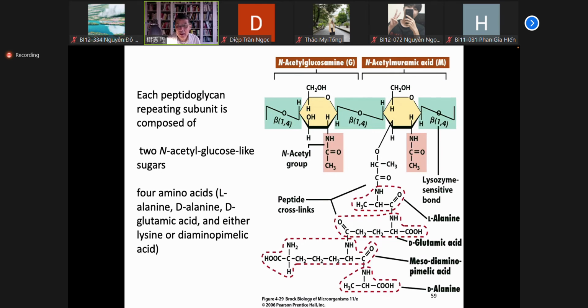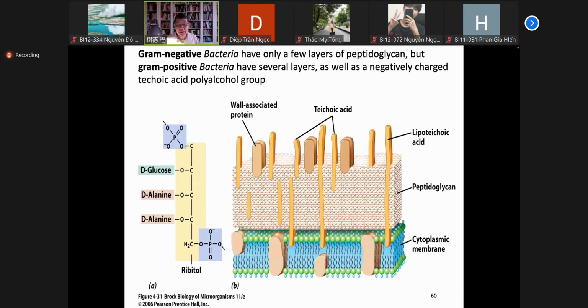Okay, so I have just explained briefly the gram-negative cell wall. Then let's go back to the gram-positive cell wall. Gram-positive cells have many layers of peptidoglycan and also have teichoic acid.